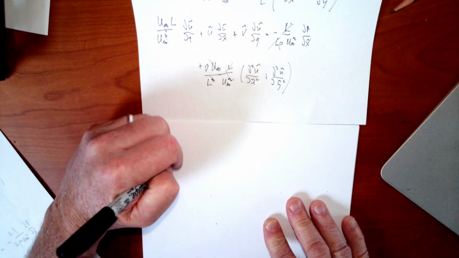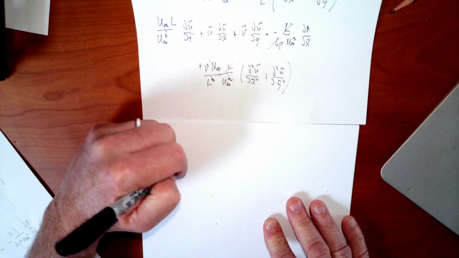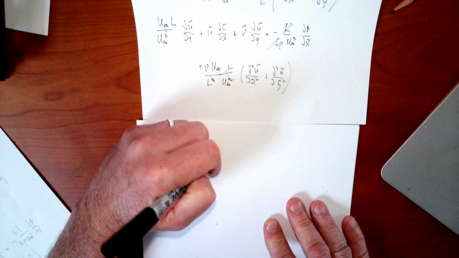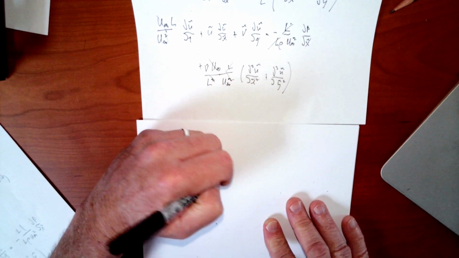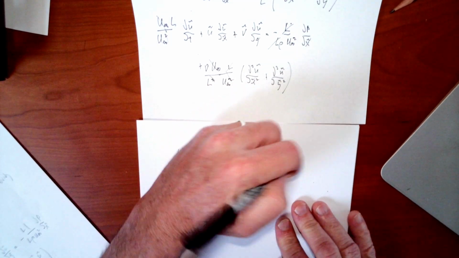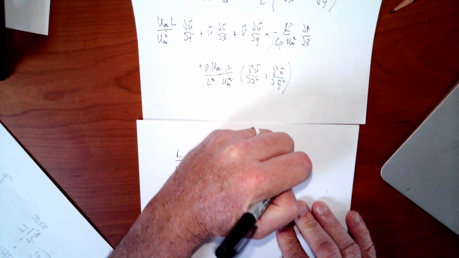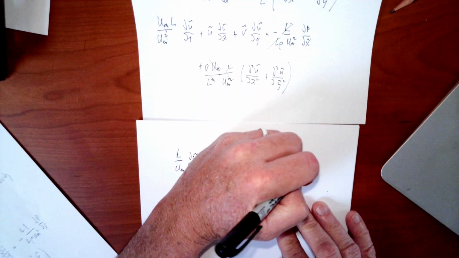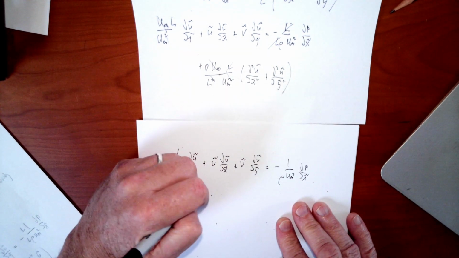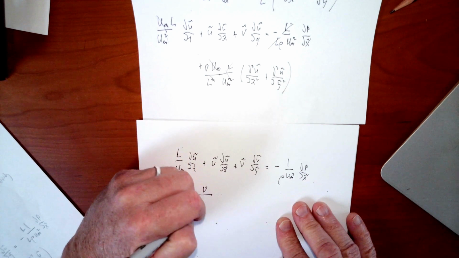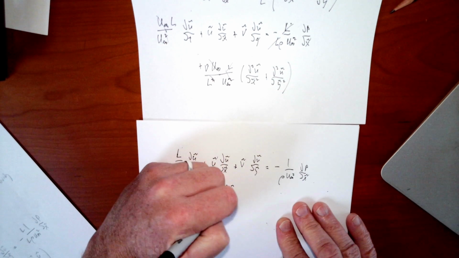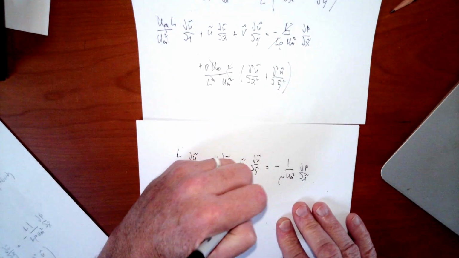So I have L over u infinity du tilde dt plus u tilde du tilde dx tilde plus v tilde du tilde dy tilde equals minus, what's left on this? 1 over rho u infinity squared times dp dx tilde. And then plus, I have nu over u infinity L. And then I have d squared u tilde dx tilde squared plus d squared u tilde dy tilde squared.